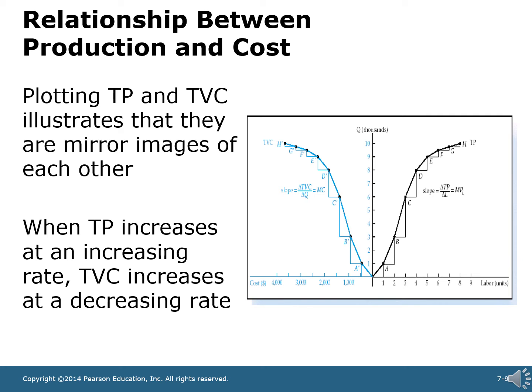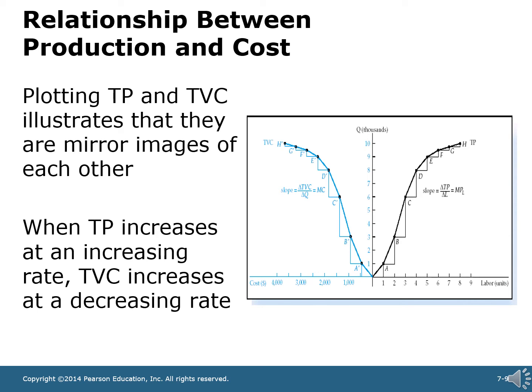So we see that when total variable cost is increasing very slowly at the beginning, the total production is increasing very quickly as we're adding more units of labor. Now I hesitate to include this because this does look a little confusing, especially because we're flipping around the one axis.